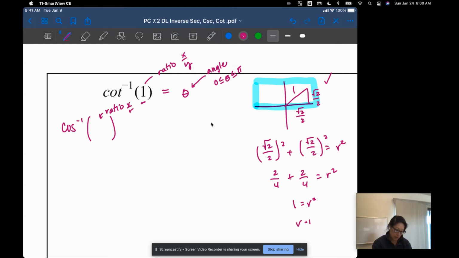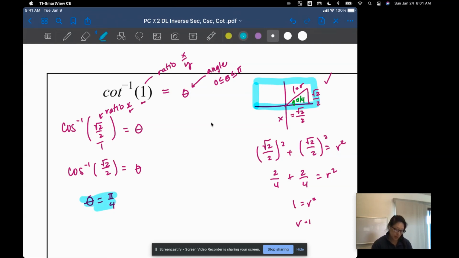So I need to use my x length, which is root 2 over 2, and my r length over 1, and that's going to equal theta. So what triangle gives me a cosine ratio of root 2 over 2? That's when theta is equal to pi over 4, right here, pi over 4.